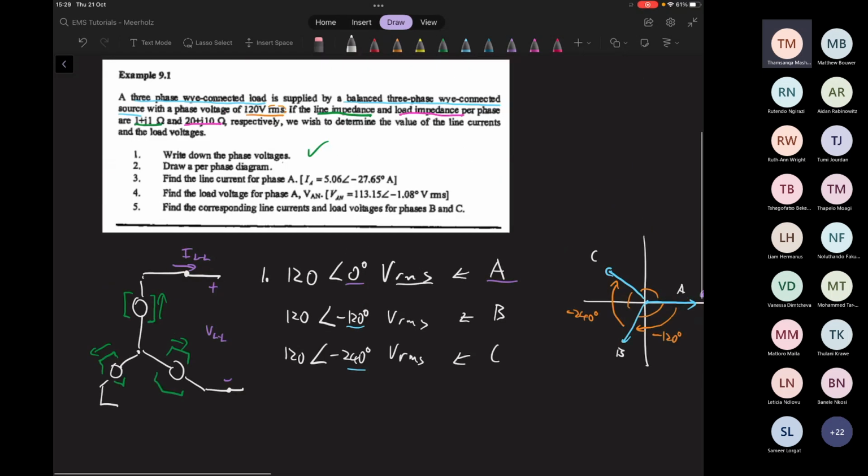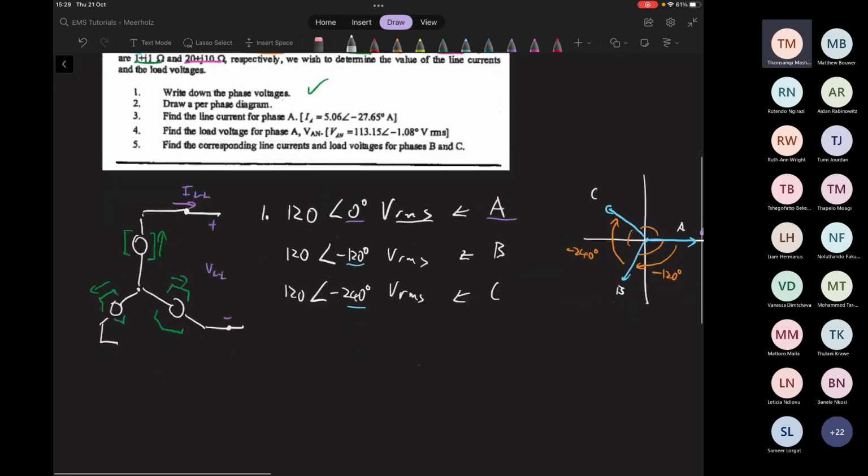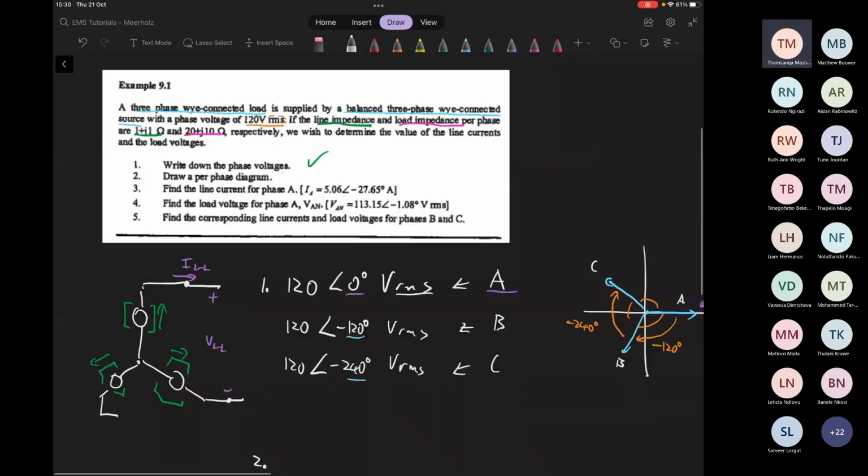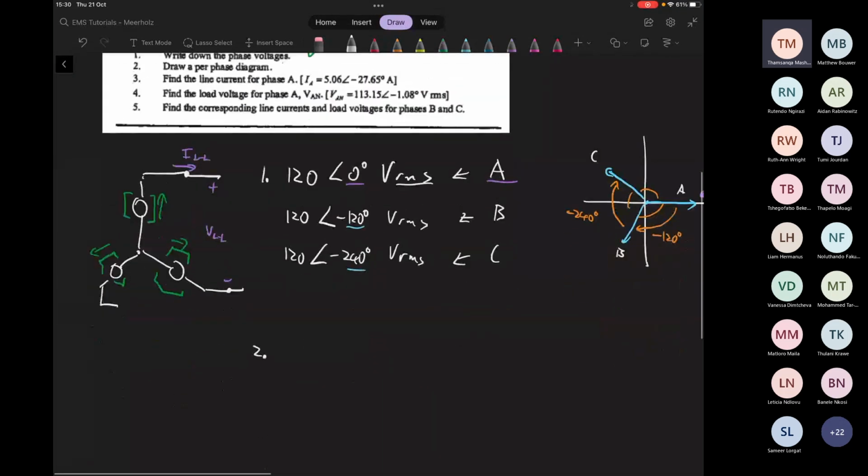Okay, so draw the per phase diagram. Just to draw out the situation, they say a Y connected to a Y, which means we have a Y on one side, and then we're connecting it, probably with some line impedance, to a Y-oriented load.